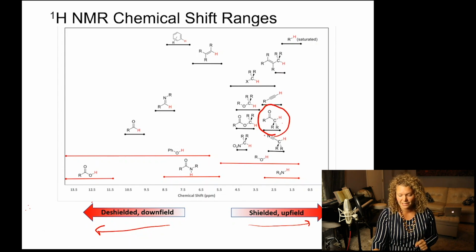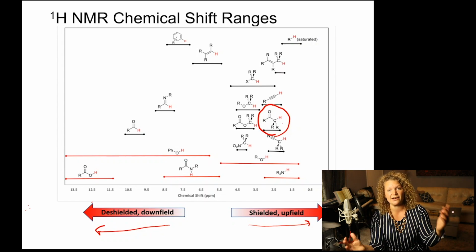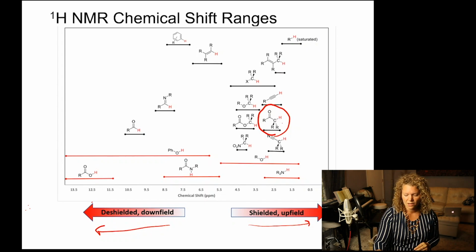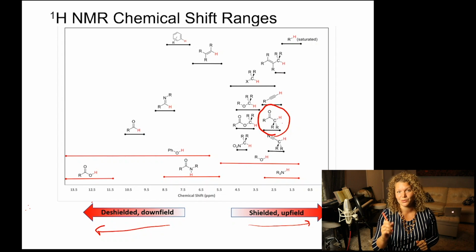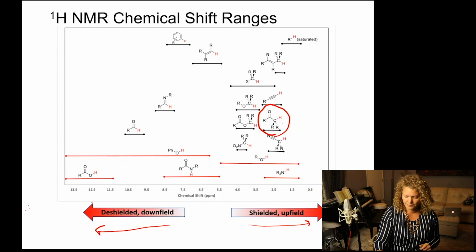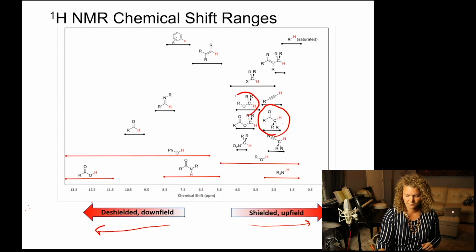The range is a little higher than we would expect for a fully saturated alkyl chain, which makes sense because carbonyls are electron withdrawing. What about the hydrogen bound to a carbon directly bound to an oxygen? Our OMe group is right here.